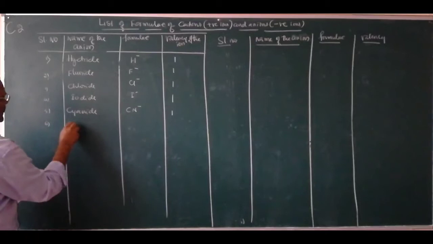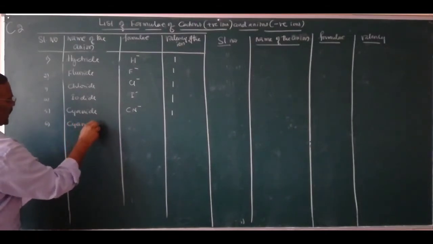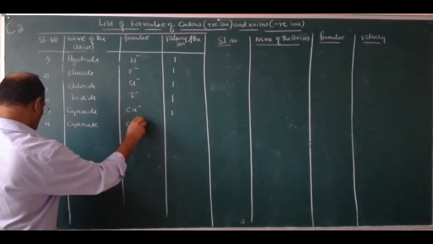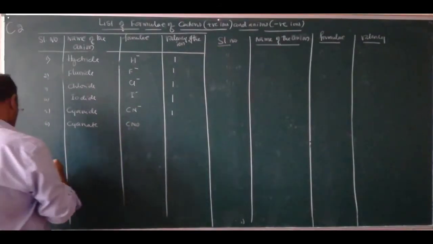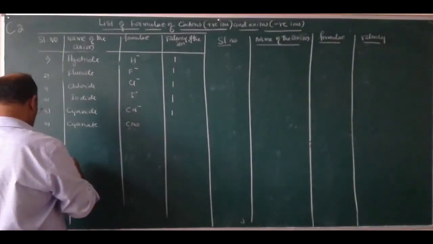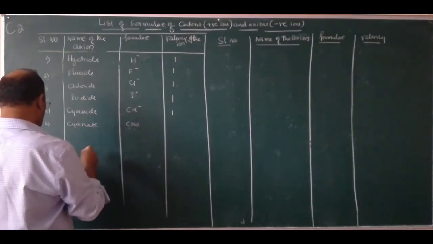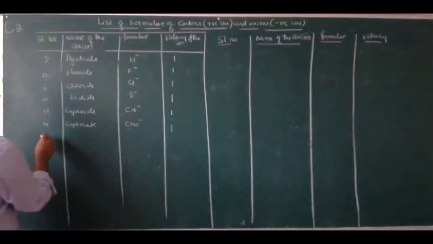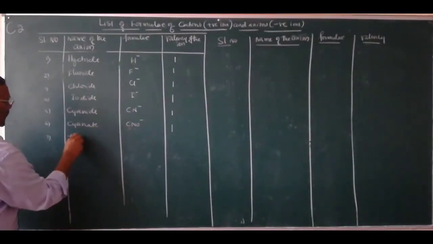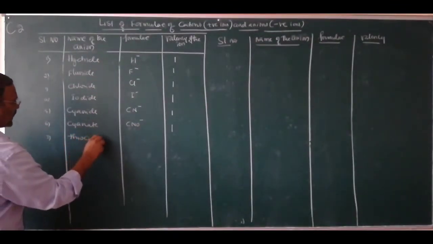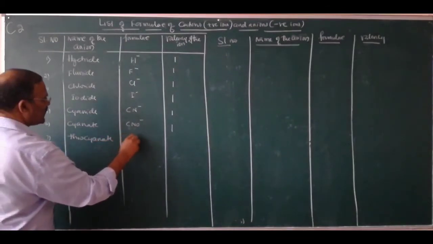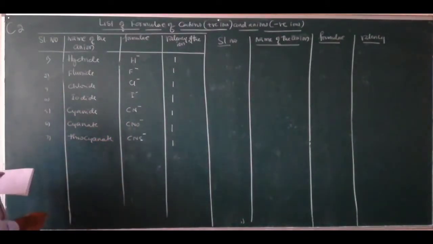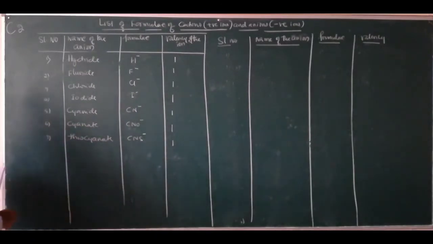Sixth one, cyanate, OCN minus. Seventh one, thiocyanate, SCN minus. So this is also one negative charge.